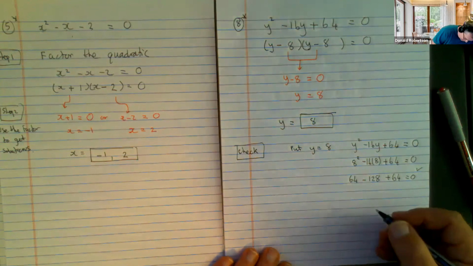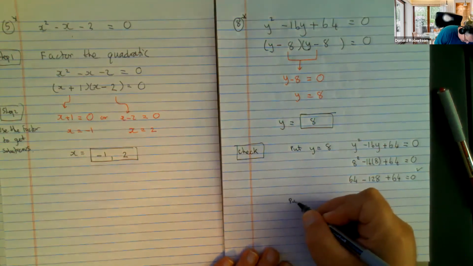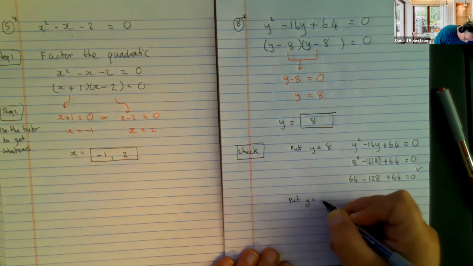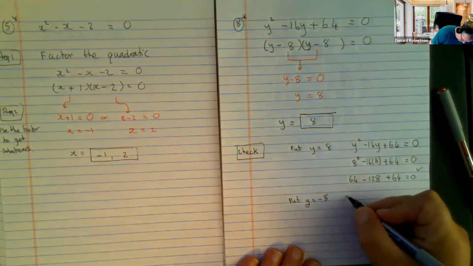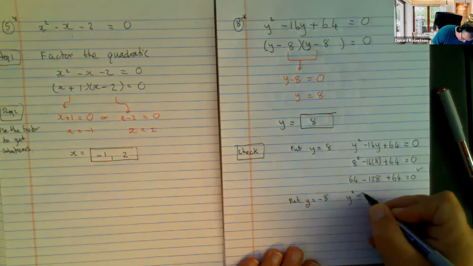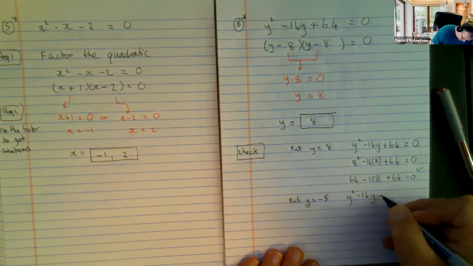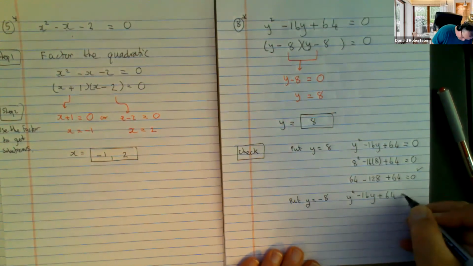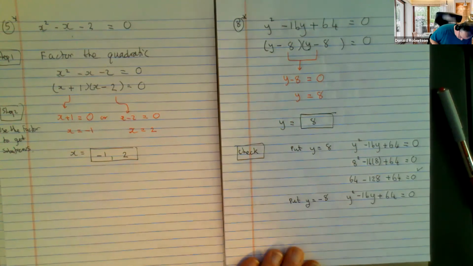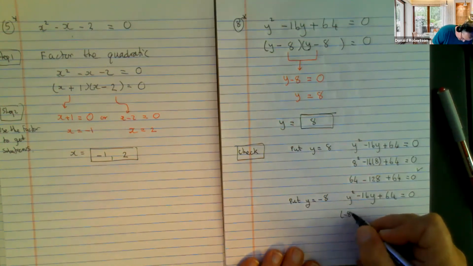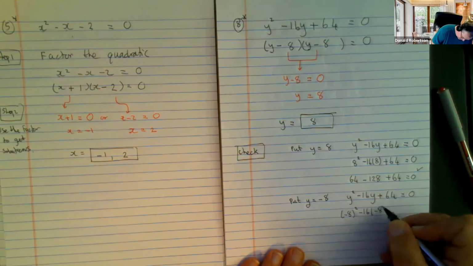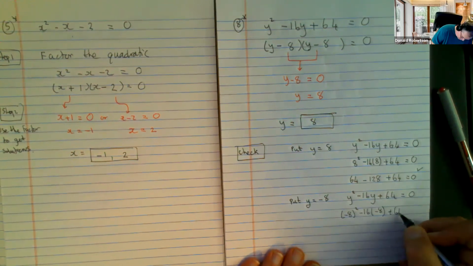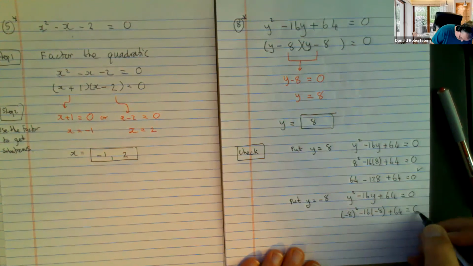Let's suppose that I made a mistake and I thought that the answer wasn't 8, but negative 8. Let's see if the check will find that. So y squared take away 16y plus 64 should be 0 if that is a true solution. So it's negative 8 squared, take away 16 times negative 8, add 64, should be equal to 0.